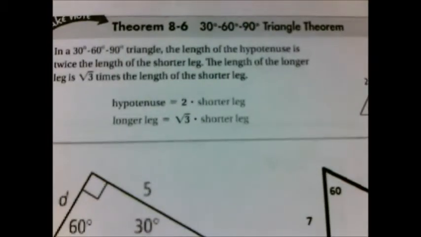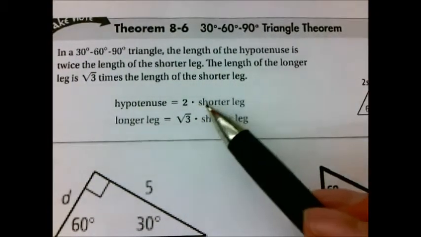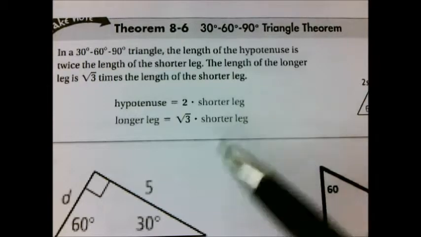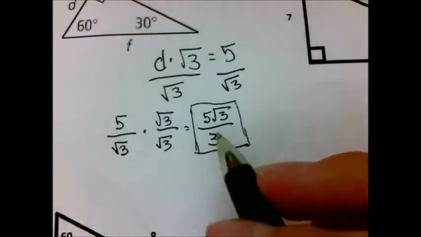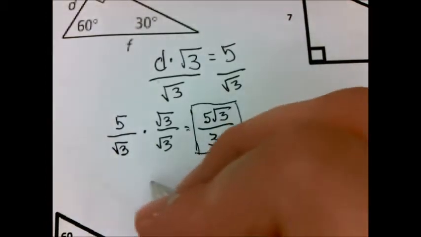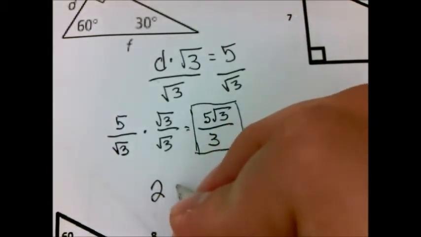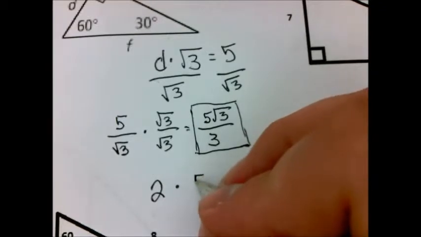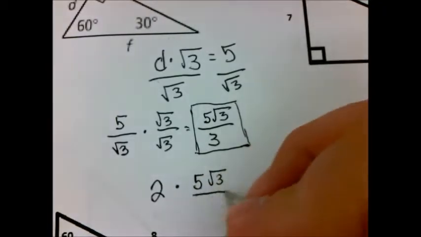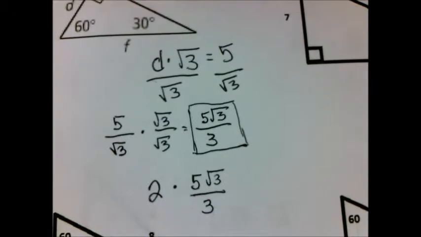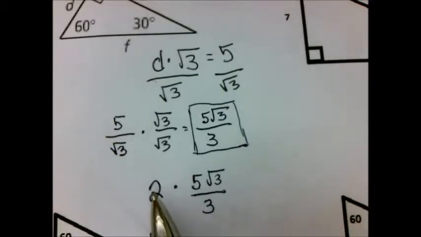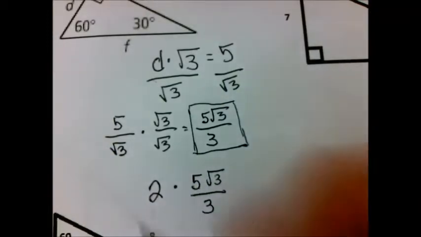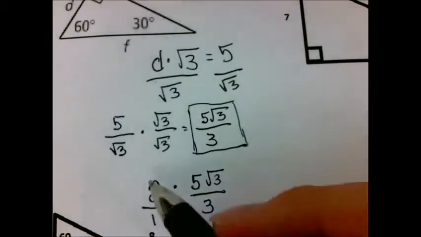What do we know about the hypotenuse? We know that if we take 2 times the shorter leg, we'll get the hypotenuse. So this is the shorter leg, and what we need to do is take 2 times 5 square root 3 over 3. This kind of looks complicated, but it's a little bit easier than you think. We're just going to multiply this 2 and this 5, because technically this is a fraction, 2 over 1.